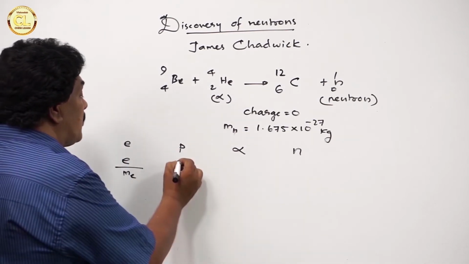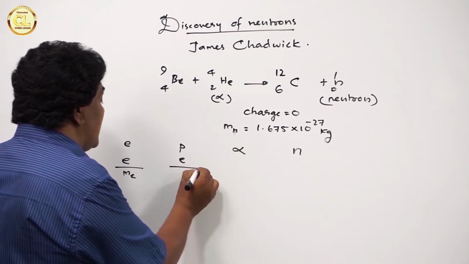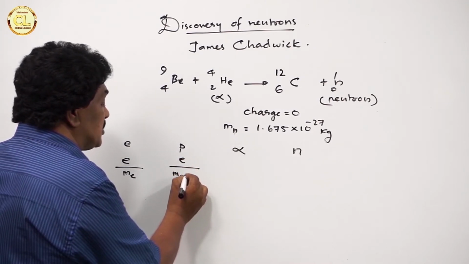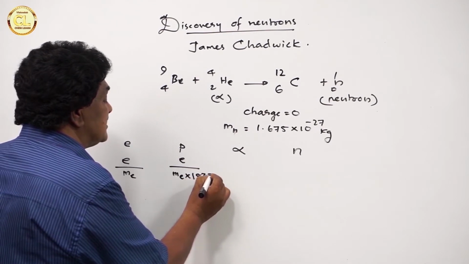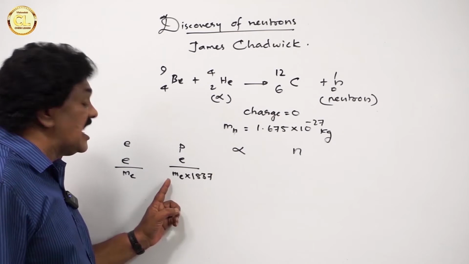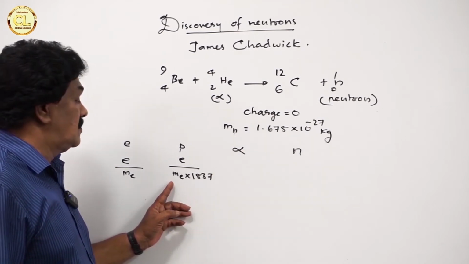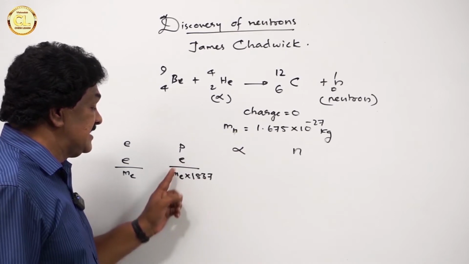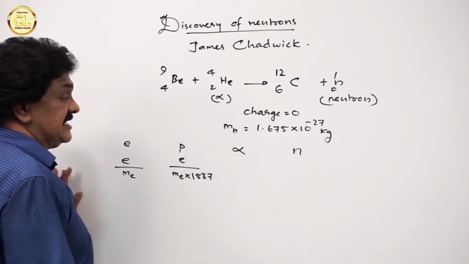Now, e by m of proton can be expressed as charge by mass of the proton, that is mass of the electron into 1837. Why? Because mass of the proton is 1837 times the mass of the electron. So, e by m_e into 1837.